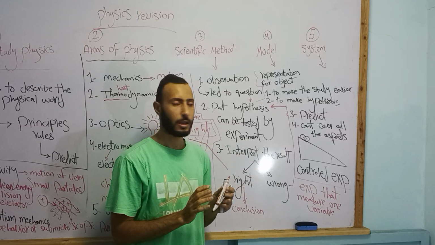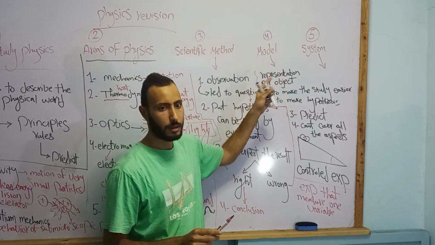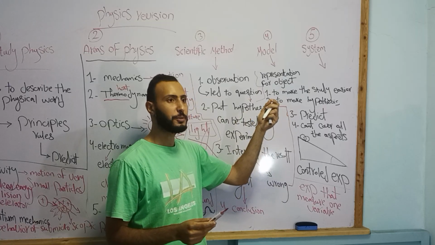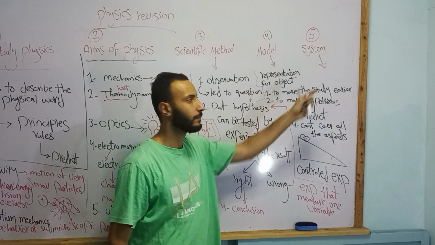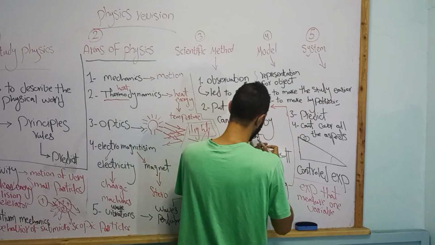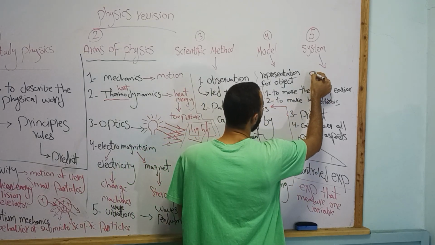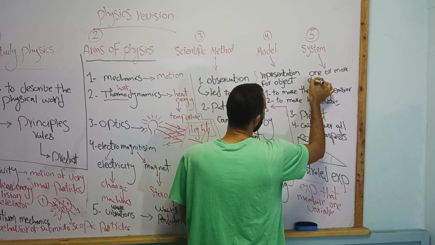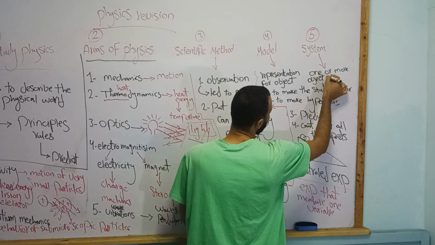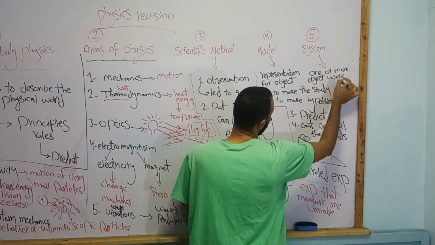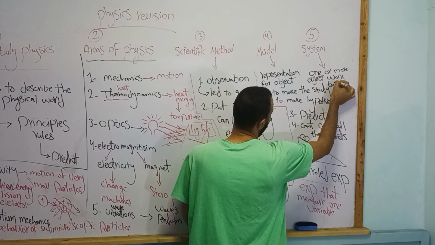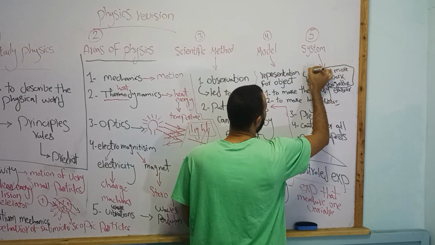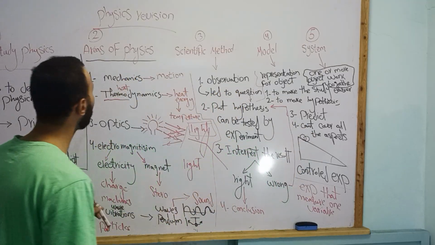So this is a system. So we can say more than one model or more than one object in the same object to do one function is a system. Okay, so it's one or more objects that work together. Okay, and that was all about lesson 1.